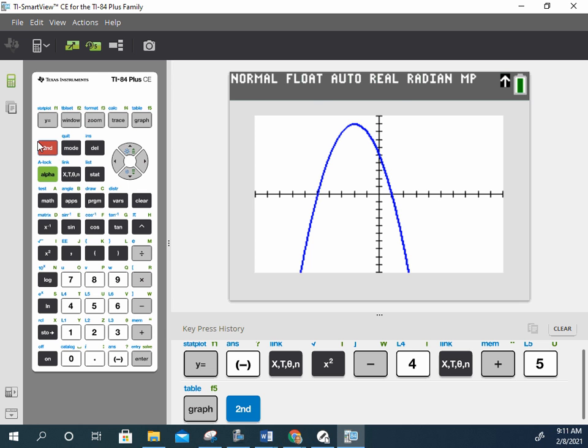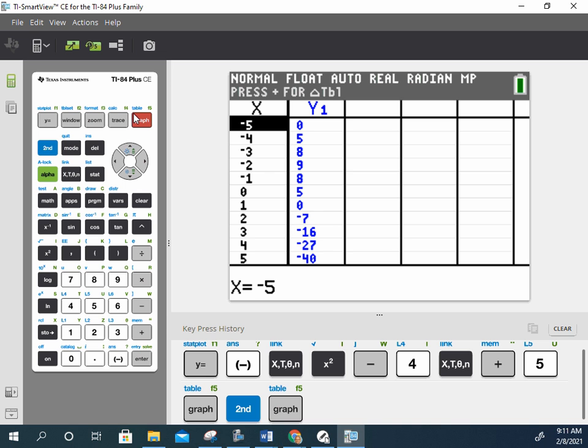And then if you hit second and graph, now you get the table, which works out perfectly because now you can identify what's going to go inside of your table. So -2, positive 9.